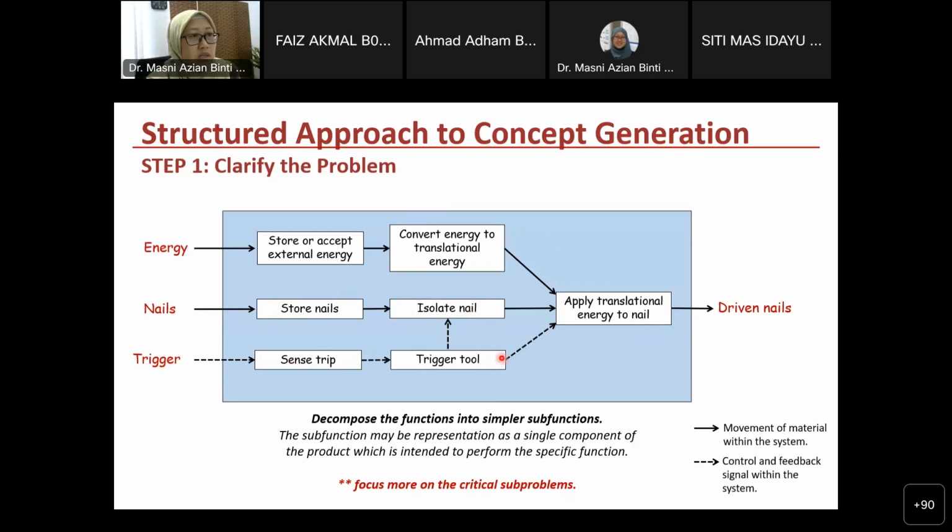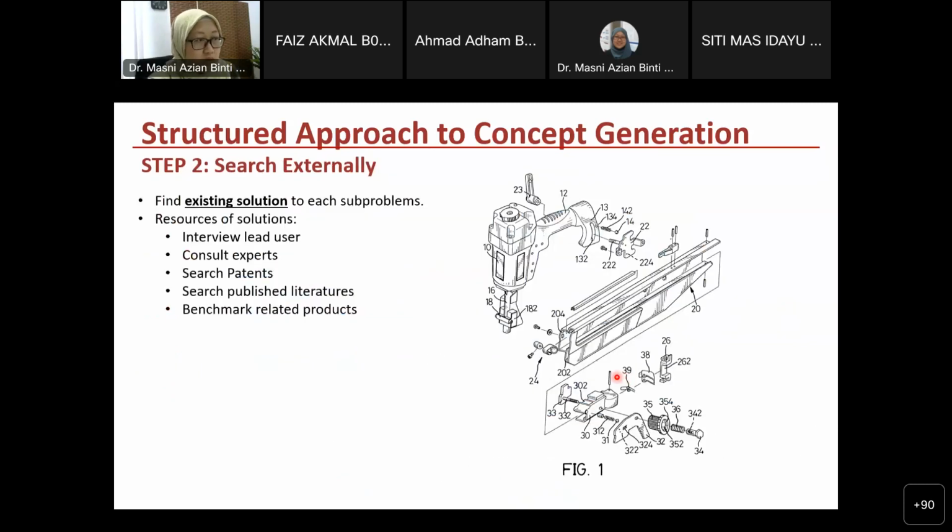Okay, so the next step, bila kita dah pecahkan dia into smaller sub-problems, the next step is try to get some idea from external resource. Okay, biasanya bila kita nak buat product design ni, jarang-jarang lah orang yang dapat generate idea tu sendiri. So biasanya you would refer to somebody who have done a similar thing.